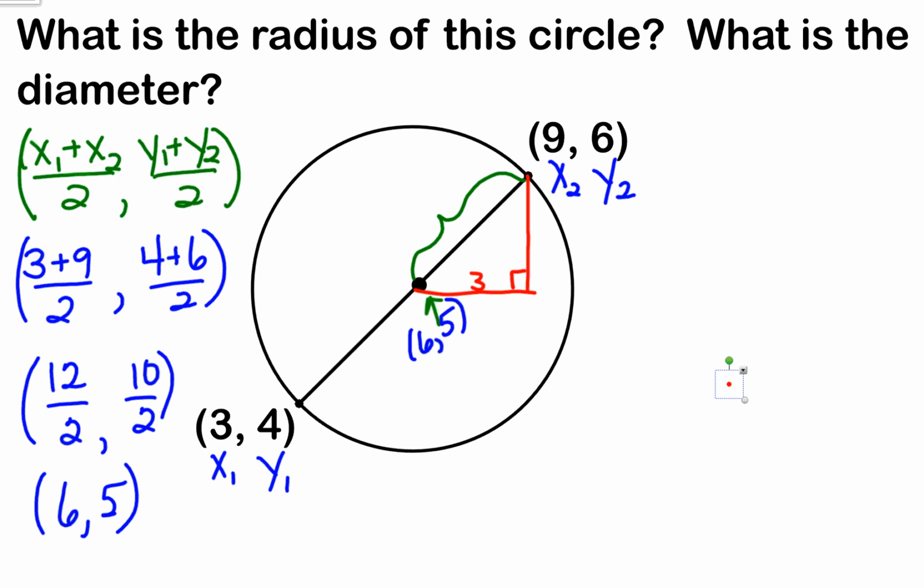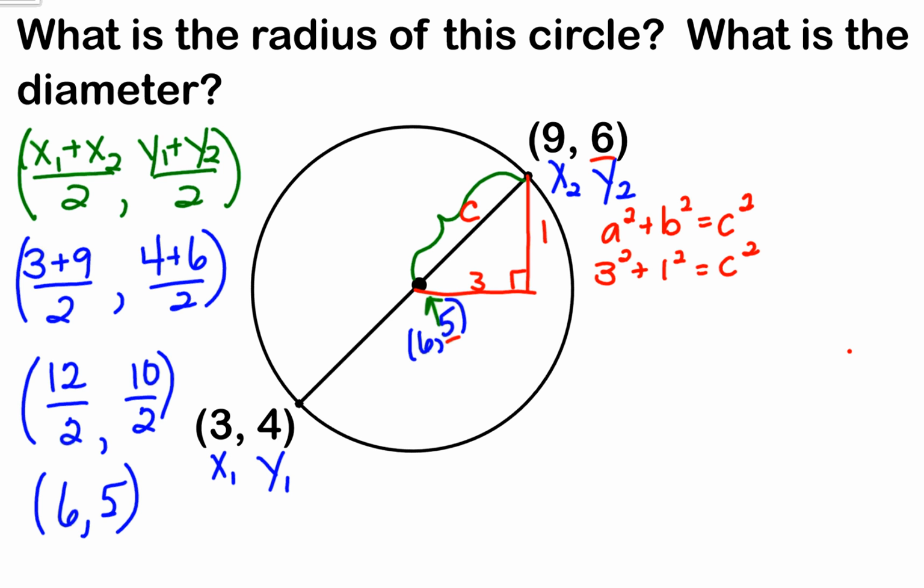And if I'm going from 5 on my y to 6, it took me 1 space to get there. So even though I didn't graph this, I know that it should be to the right 3 and up 1. So I can substitute that into my Pythagorean theorem. If you're not comfortable counting like this, you can always graph these points. That's never a problem. So you get a piece of graph paper and graph the points.